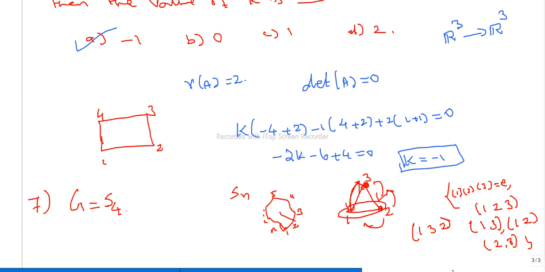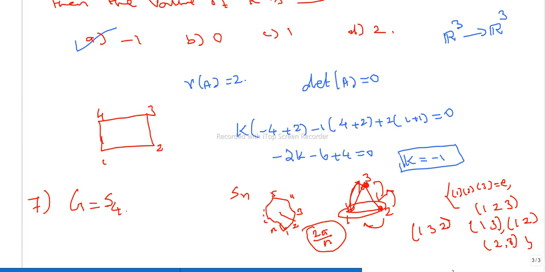You can rotate by an angle of 2 pi by n. Okay, this is a formula. This is an angle. So you can rotate by 2 pi by n angles, and then reflect about the x-axis or anything. So you will get a new thing. So the collection is called the symmetric group.